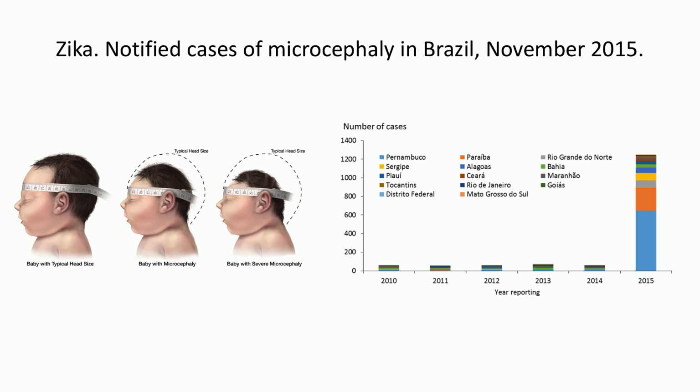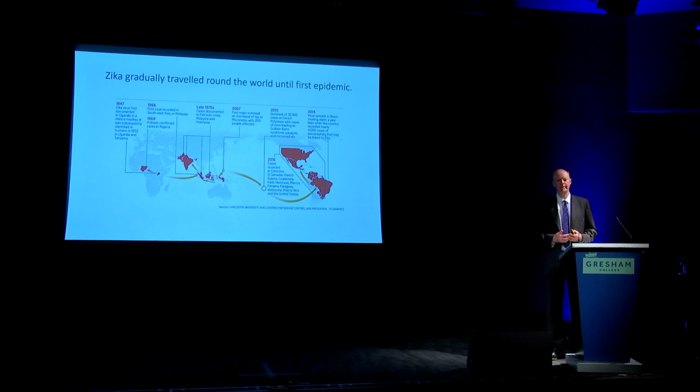And you can see along here, these are the years from 2010 through to 2015, the number of cases of this, and then suddenly Zika appears, with massive numbers of children born with these very small heads as a result of the infection. Now, this big epidemic of Zika, which was passed on by Aedes, is not because this is a new disease.